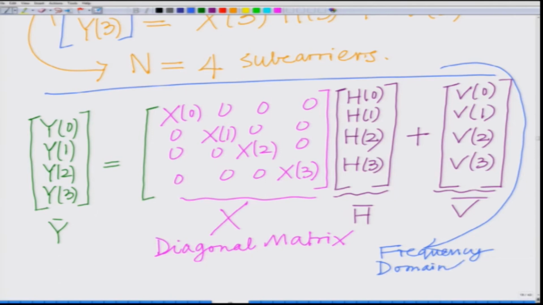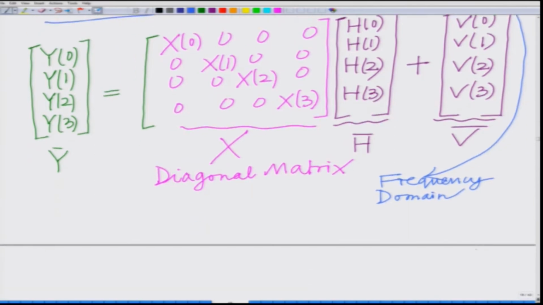Because we are writing it across each subcarrier, this whole model represents the frequency domain representation of this OFDM system, that is YL equals XL, the symbol loaded onto the subcarrier L, times HL, the channel coefficient across subcarrier L, plus capital VL, which is the noise sample on subcarrier L. Okay.